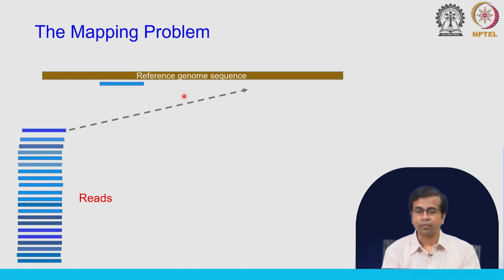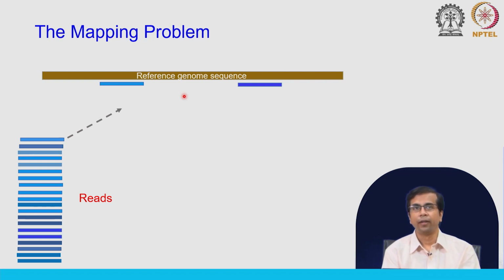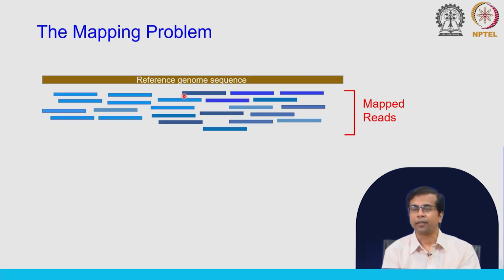We continue with these reads and we see this read matches there and it is mapped there, and we continue this process for all the reads. Finally, we get this picture where all reads are mapped against the reference genome, and we know their location. Now, this sounds very simple, but there are of course many challenges which we will discuss today.